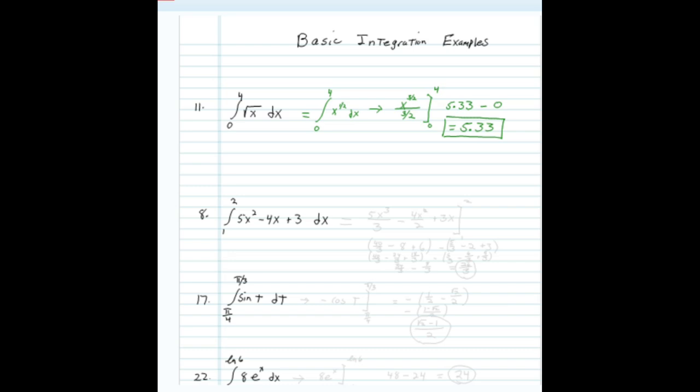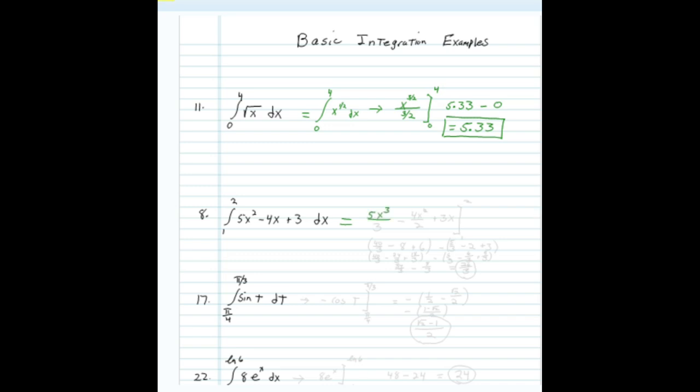For the second one, we have the integral between 1 and 2 of 5x squared minus 4x plus 3 dx. Okay, so to integrate this, we're going to use the power rule again. So we're going to raise the power by 1 here. We'll get 5x cubed over 3.